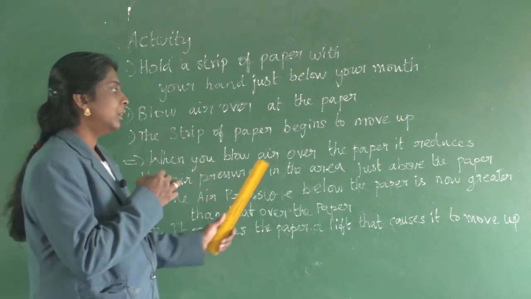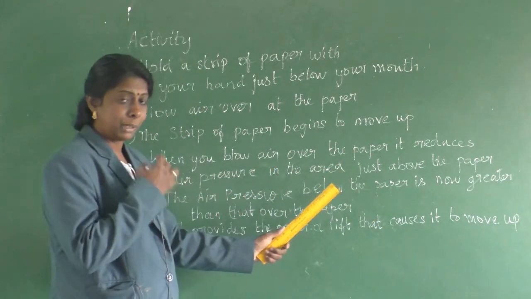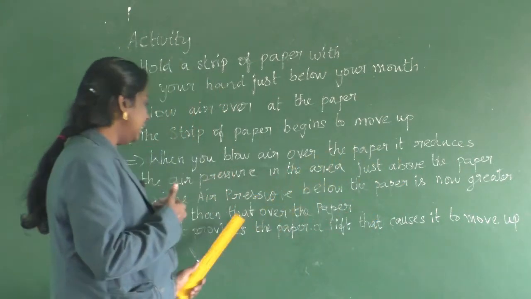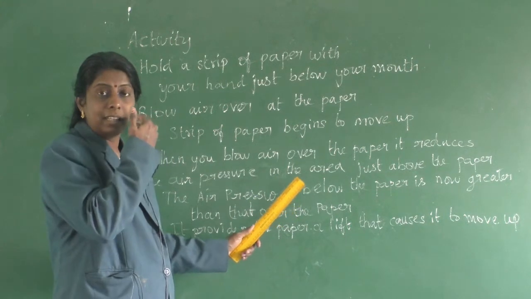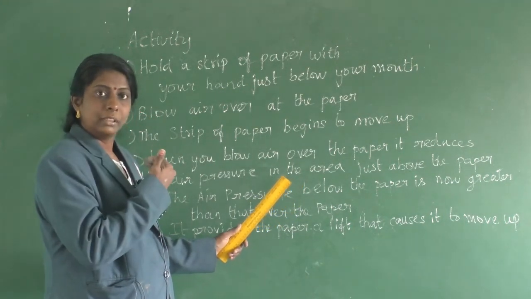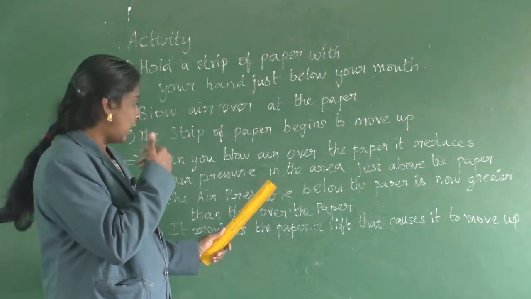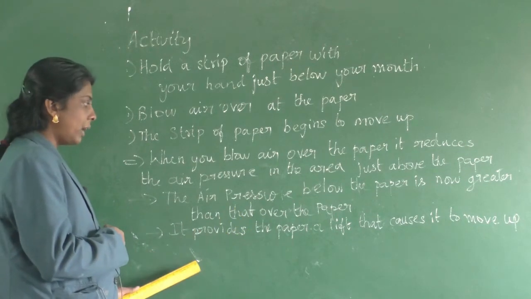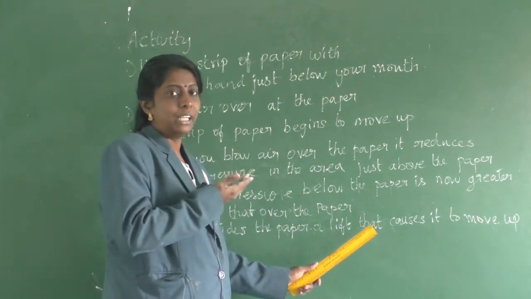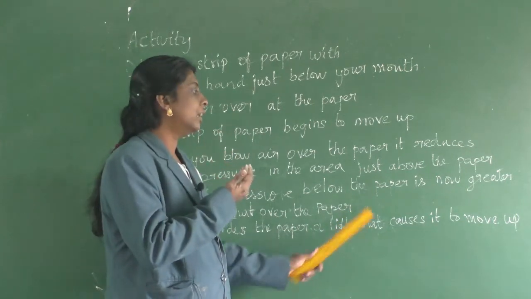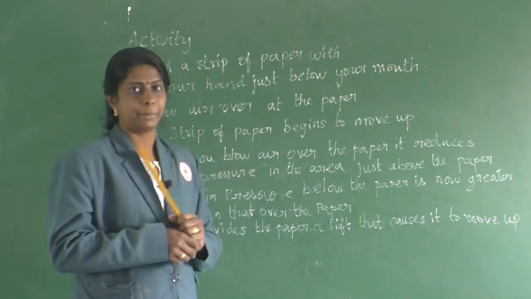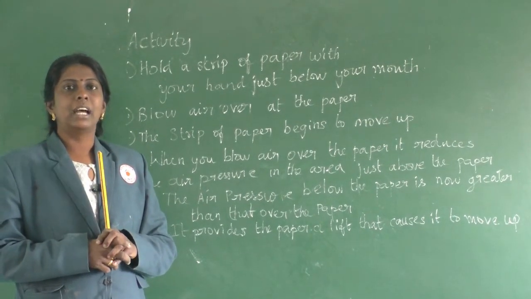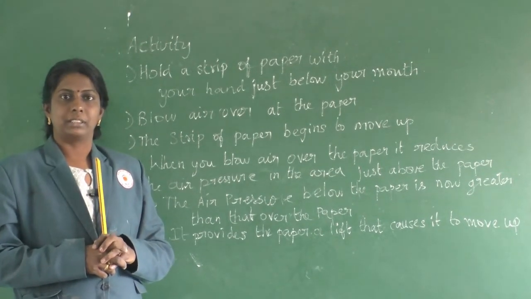So the air pressure below the paper is now greater than that over the paper. Clear? So it provides the paper a lift, which causes it to move up. Clear children? So this is what the activity is about. Try it, do it and learn about it.